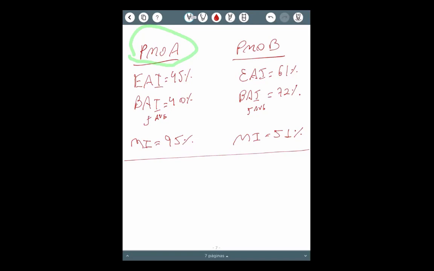PMO A is really mature, right? 95%. So I'm saying that PMO A is doing a great job. They are doing what they are doing at a very high level of sophistication, right? PMO A, look at the maturity, 95%.